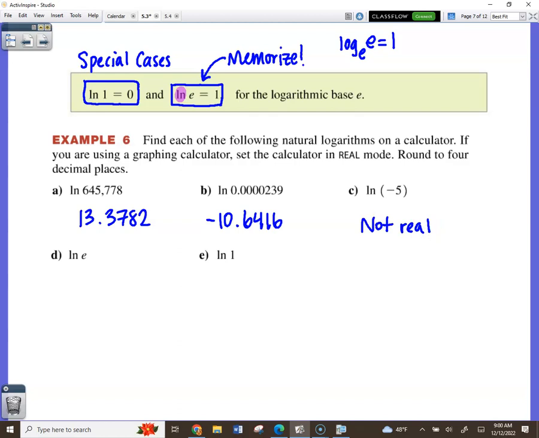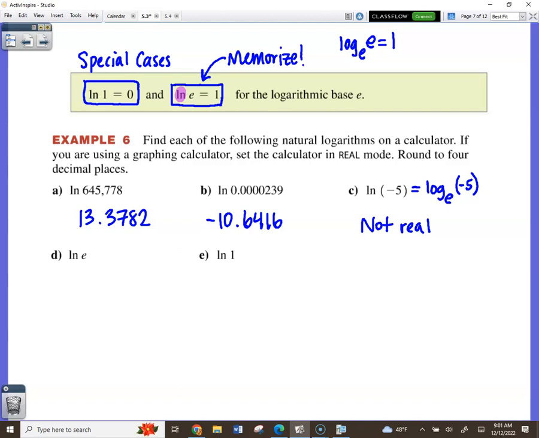ln of negative 5. I cannot understand why it's not real by looking at the ln, so I'm going to change ln to log base e of negative 5. So that's saying e to some power is negative 5, and e is 2.7, yada, yada.